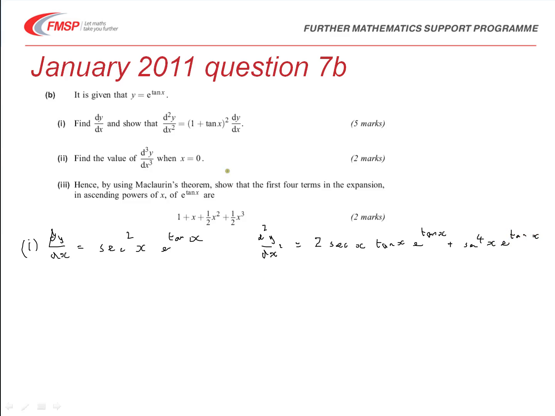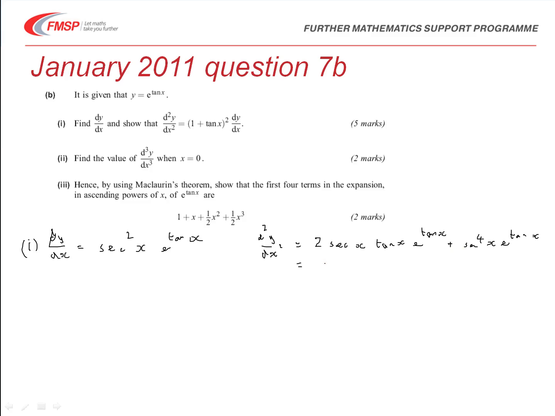Now we've got to look to get the result that they've got, which we've got to show is equal to 1 plus tan x all squared times dy by dx. Well, dy by dx is sec squared e to the tan x, so we need to take out a factor of sec squared out of both sides.